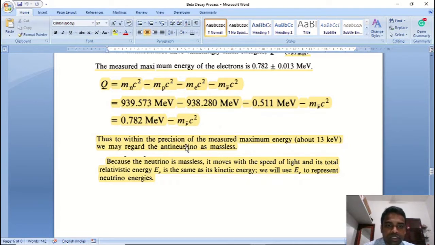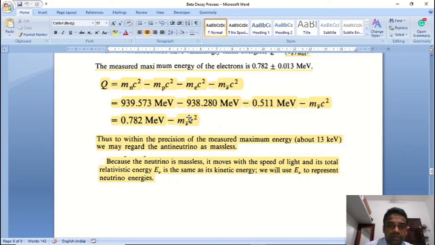Thus, within the precision of the measured maximum energy, we may regard the antineutrino as massless by the measured Q value. We can approximate the mass of the antineutrino by substituting the Q value and this value.